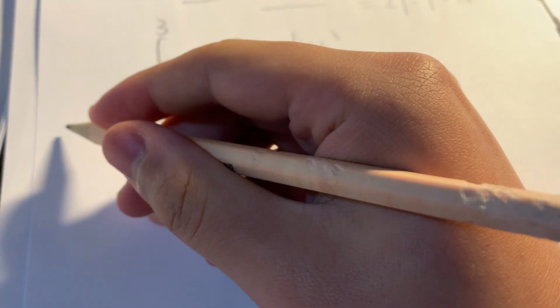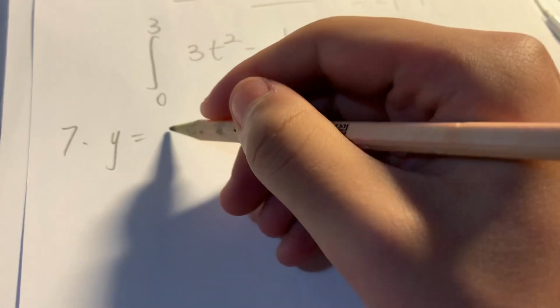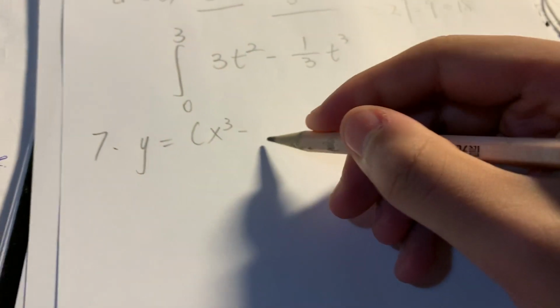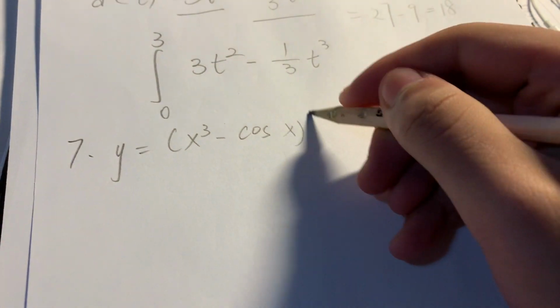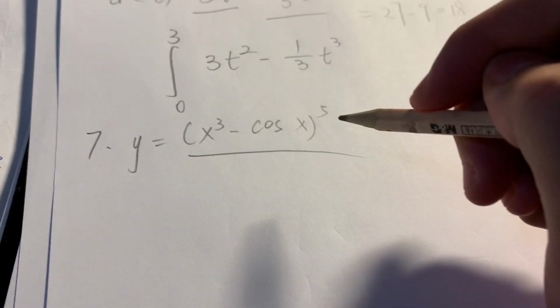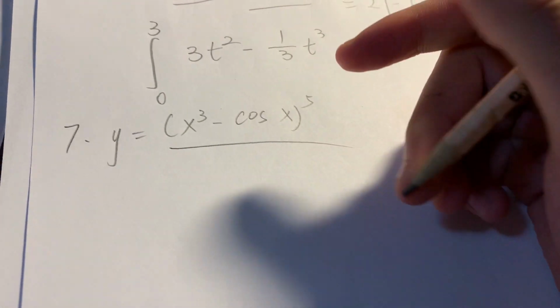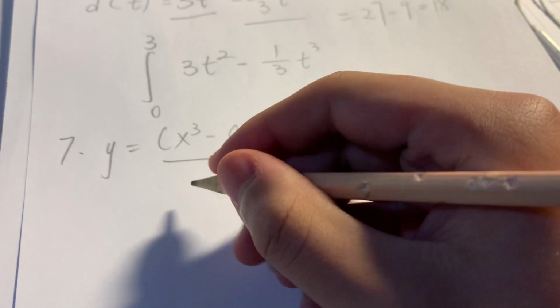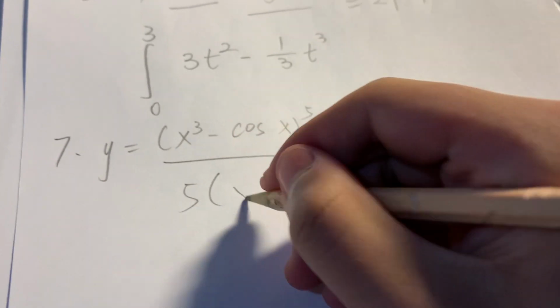Problem 7. It is required for us to find y equal to this. It asks us to find the derivative of this. So we know that the first primary part should be this.